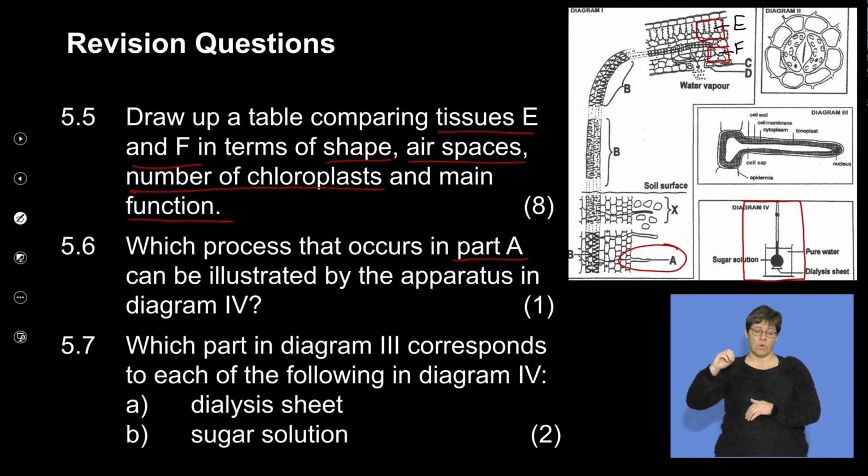Then if we look at 5.7, which part of the diagram 4, which is the bottom one here, corresponds to the following diagram 3, and your dialysis sheet corresponds to the cell membrane because they are both semi-permeable, and the sugar solution links to the vacuole, the water and the sugar in the vacuole.